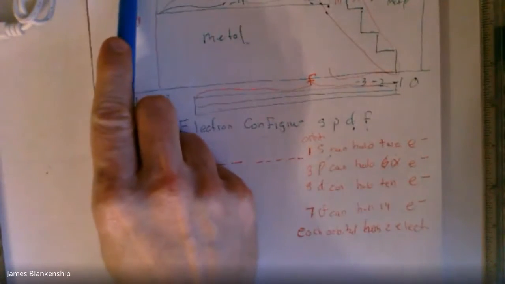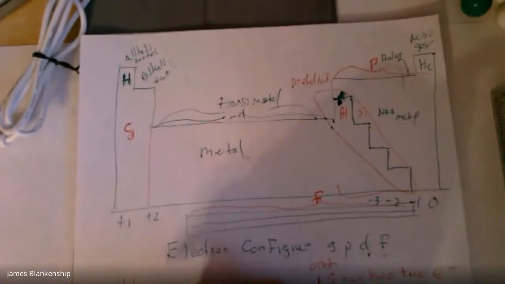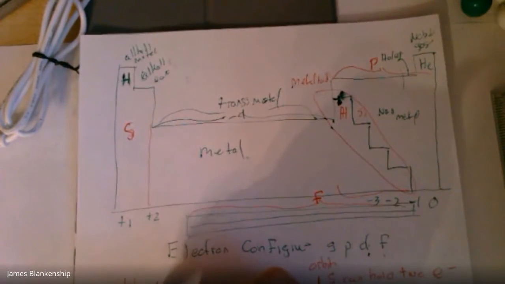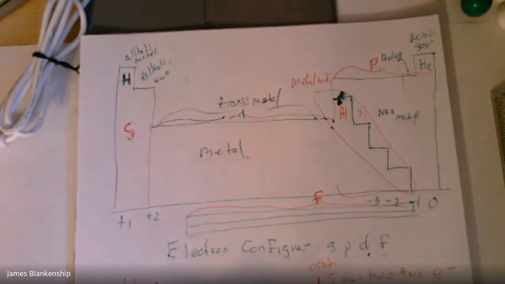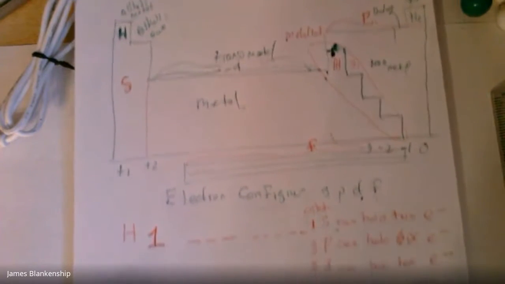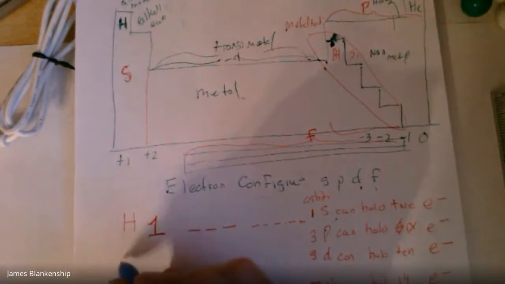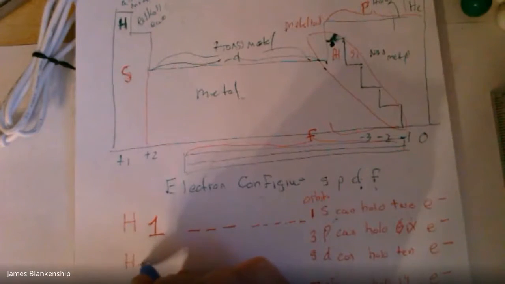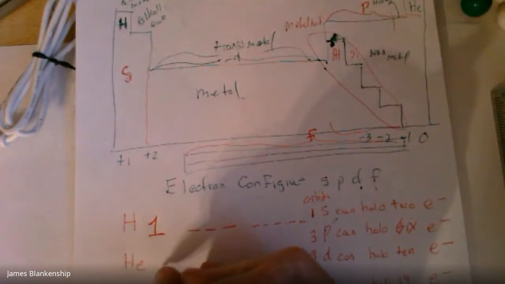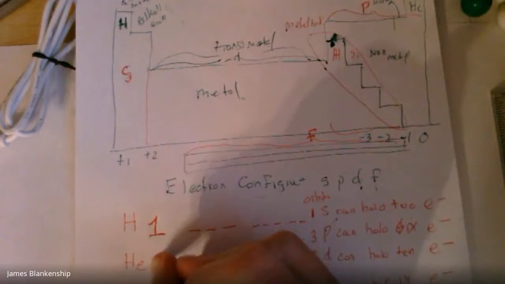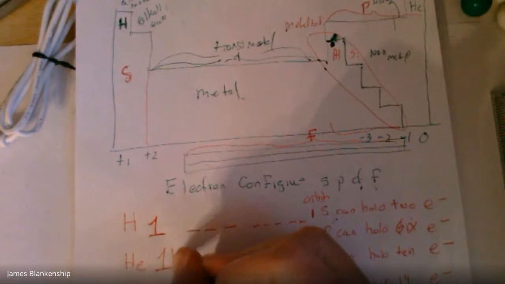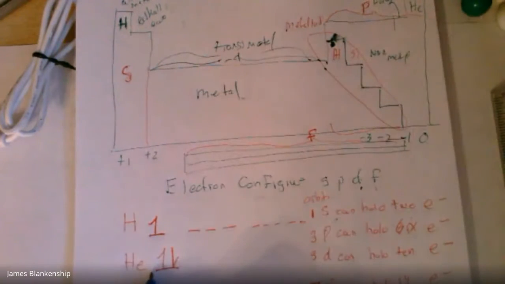Because H is right here at the top, all we have for H for an electron configuration would be 1 arrow going up. You wouldn't even write these, I just wrote them for general clarification of what it's going to look like. When we get to helium, helium has 2, so helium would be 1 going up and 1 going down, and now your orbital is full.